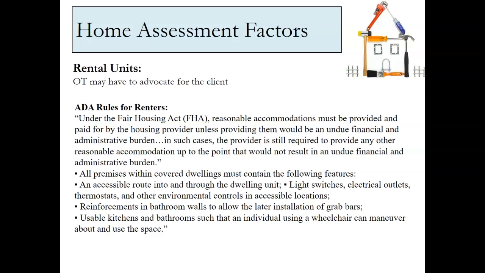You have to really advocate for the client, and you can have a lot of power to advocate for your client. You go in there and you see they need some bars in the bathroom or in the toilet, so they can hang on to something as they're pulling their pants up. They don't have it. They're worried that if you put in a bar there, they don't own it, that sort of thing. What you do is you call up the landlord, and you're nice, and you say, this is Kelly, the occupational therapist.